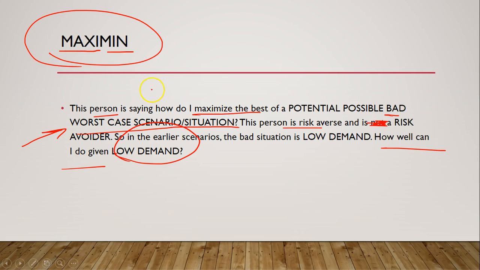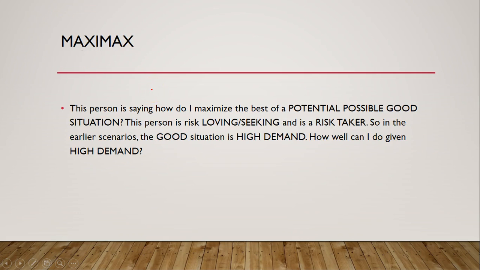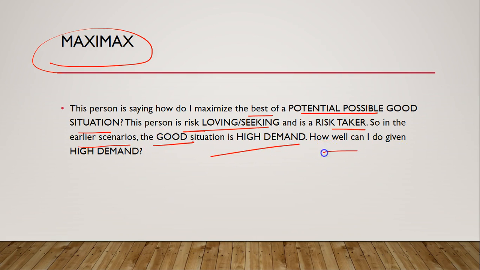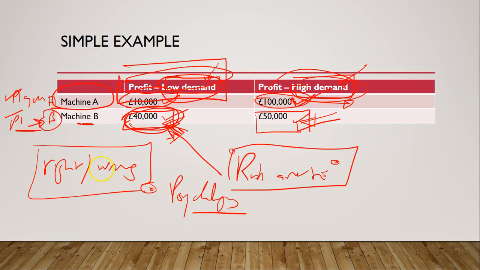So really, let's look at the other one, which is the maximax, where you're risk-loving. And you're saying, you know what, how do I get the best of a potentially possible good situation? And this person is risk-loving, risk-seeking. So in the earlier scenarios, the good situation was, well, I hope there's a high demand. How well can I do given a high demand?